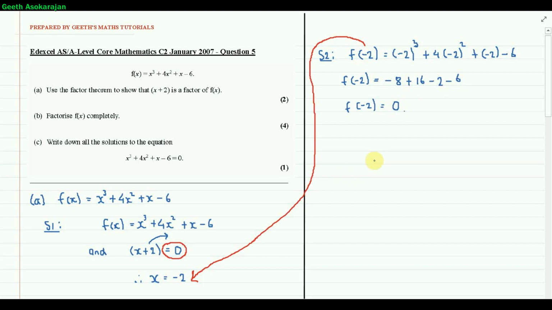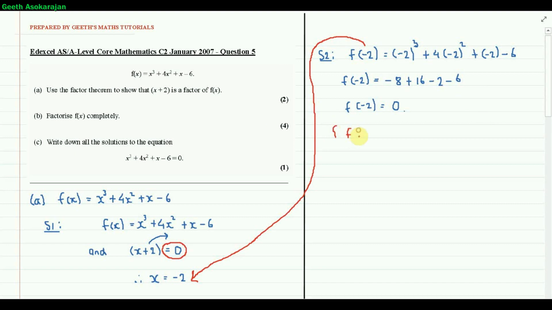Now, with regards to the factor theorem, if f(a) equals 0, that implies x minus a is a factor of f(x). So let me write down the factor theorem briefly in red.